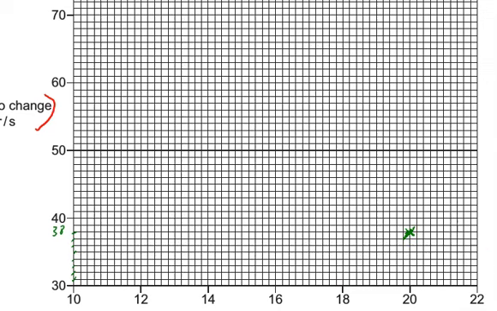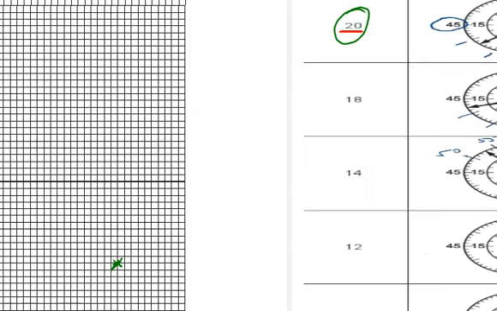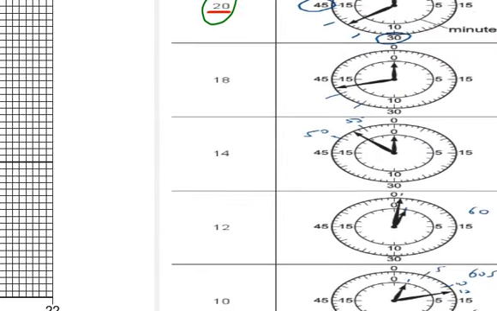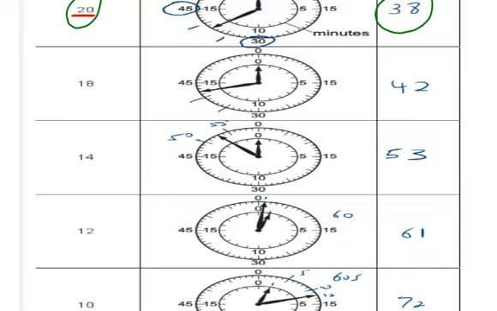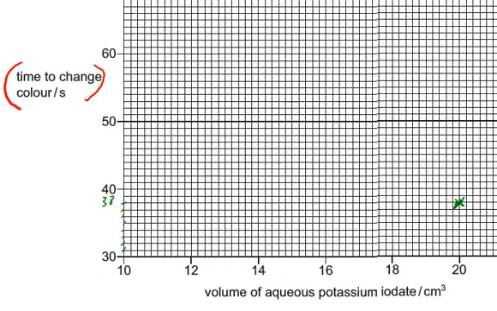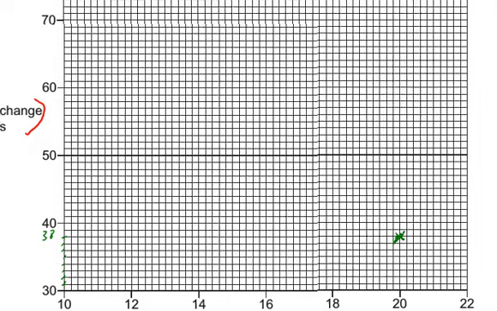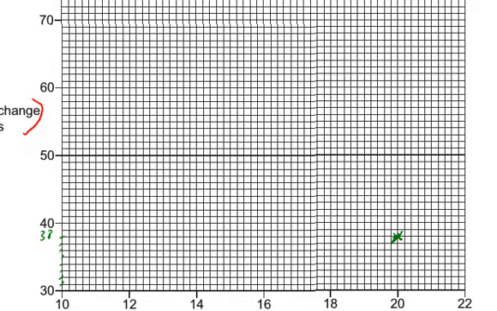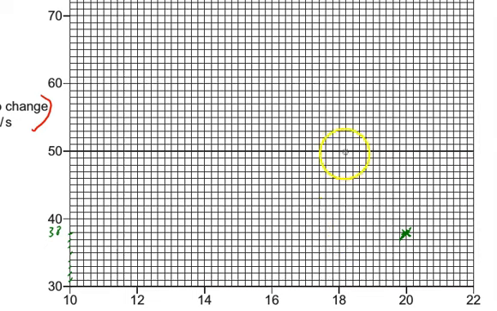The next one here will be 18, 42. So here is 18. This line is 18 and 42 is here. So 42, 18.